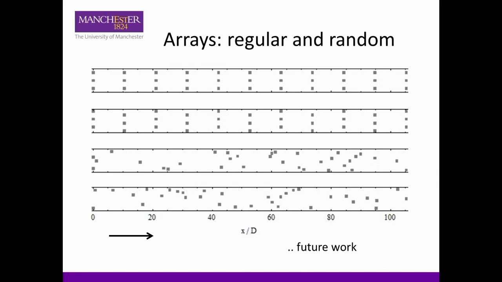There's an increasing interest in using wetlands as a way of modifying flood behaviours in upstream areas and catchments. We might talk to United Utilities about doing a bit more work on that. But so simple regular arrays, uniform ones like that, or staggered ones like that, or completely random ones like this.